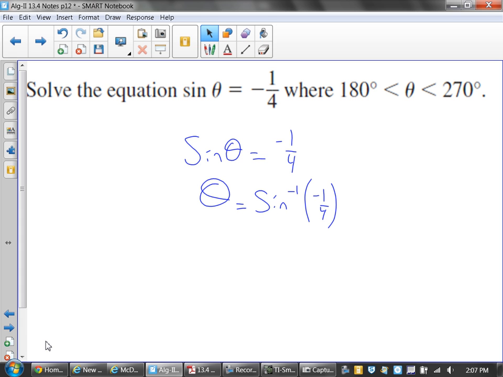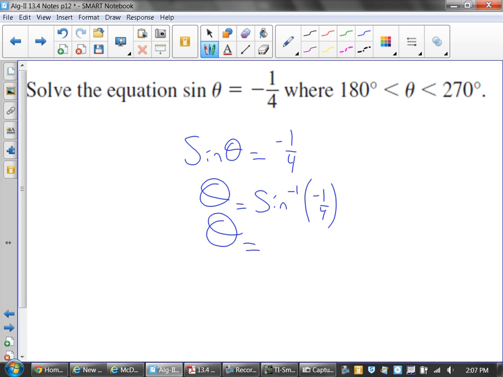Now what I want you to think about is, what does that mean? Remember, sine is in the first and the fourth quadrant, between 90 and negative 90.